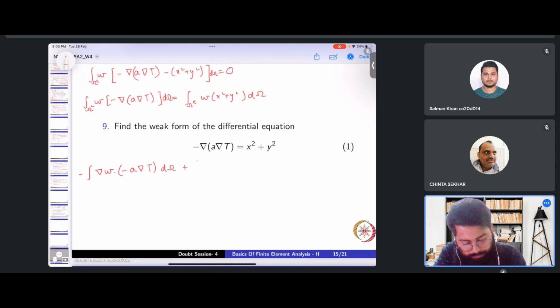We get a boundary integral term, and this other term is exactly the same.